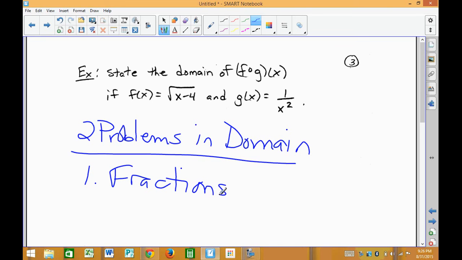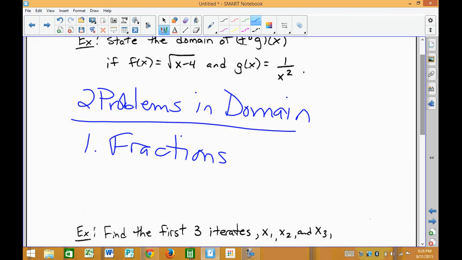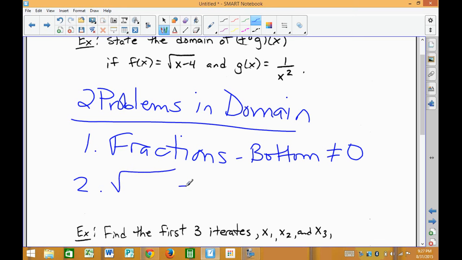With fractions, the bottom can't be 0. And number two, square roots. Under a square root has to be greater than or equal to 0.